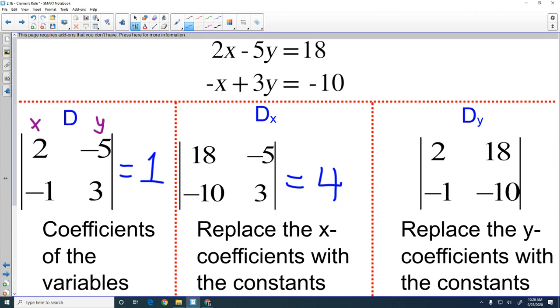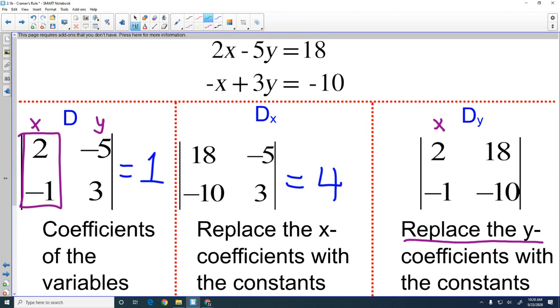Now for dy, if we look at my little note at the bottom, you're just replacing the y coefficients with the constants. So look at this first column of x's, that's the 2 and the -1. We don't change those, right? If I look back at my original coefficient matrix, that column stays the same.